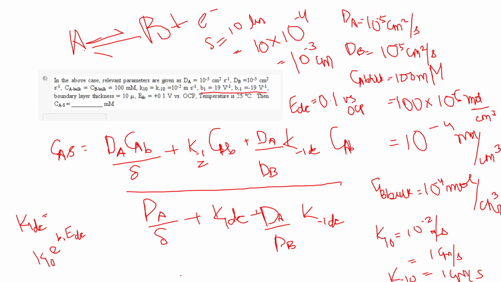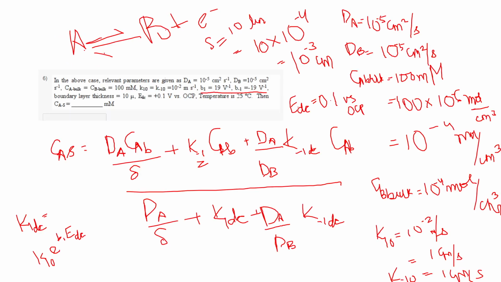Okay, now K1 DC and K minus 1 DC, something else we have to find out. I'll just do it. K1 DC equal to K10 exponential. So what is K10? We have already written that, 1 centimeter per second.